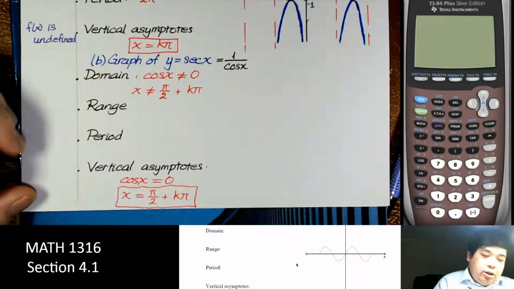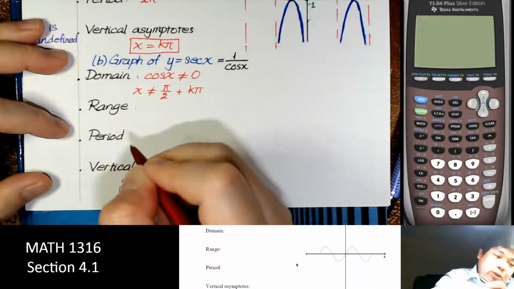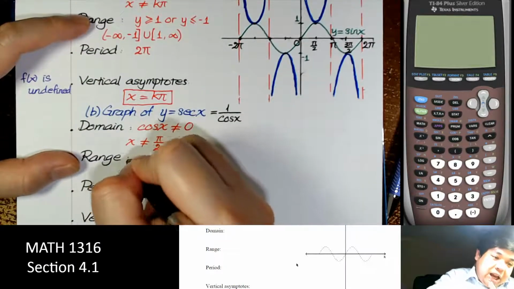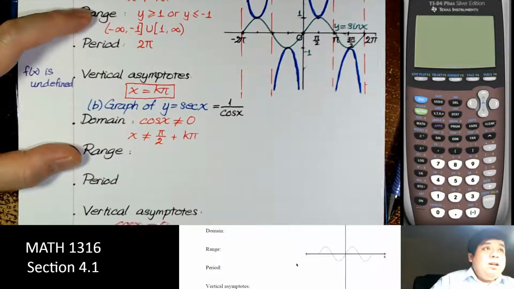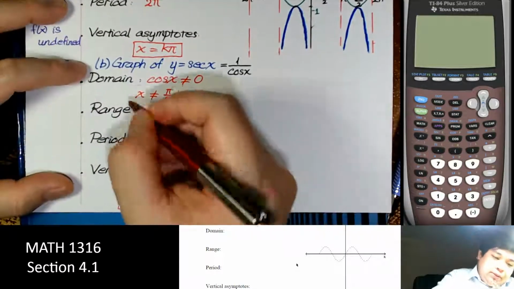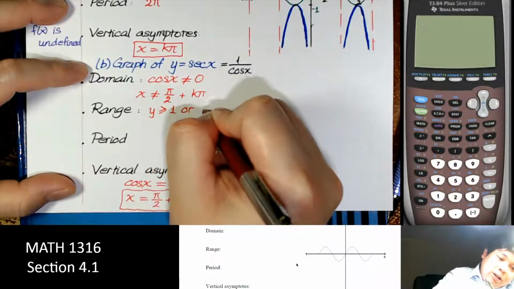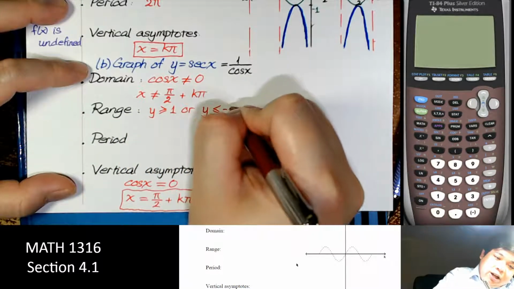The range will be similar to what we have above. Actually, exactly the same. Greater than 1 or less than -1.